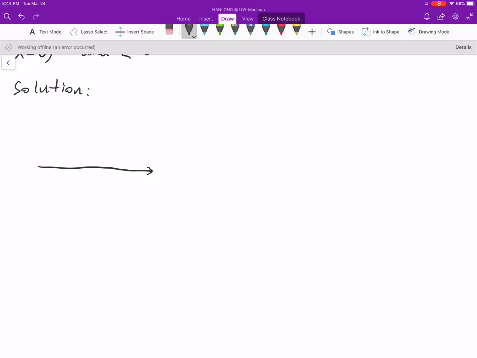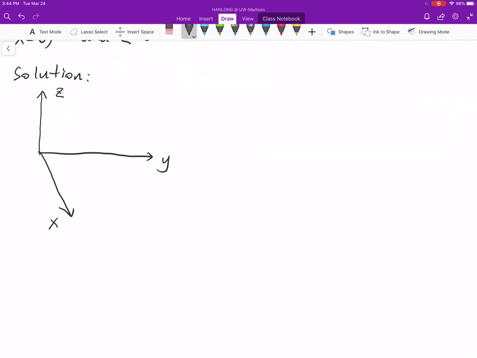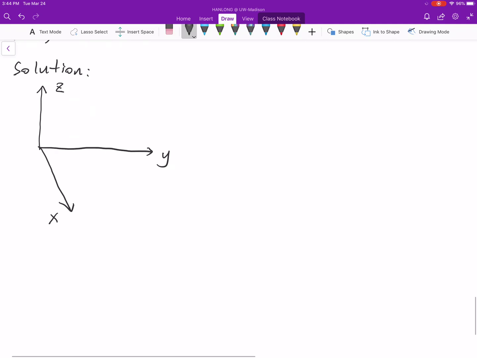So here I would like to take the coordinate as follows: x, y, z. This still obeys the right-hand rule. I just rotate a little bit because the main part of the objects we are interested in is on this part. It's on this octant.